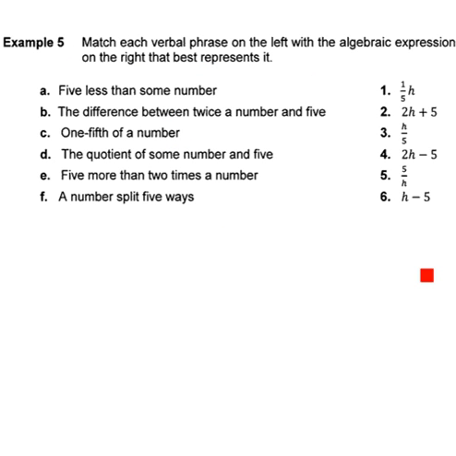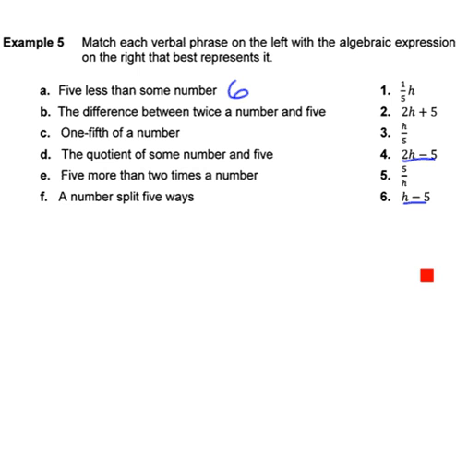This says match each verbal phrase on the left with the algebraic expression on the right that best represents it. 5 less than some number means I've got the number and I'm subtracting 5 from it. So that's going to be number 6 down here. Next one says the difference between twice a number and 5.